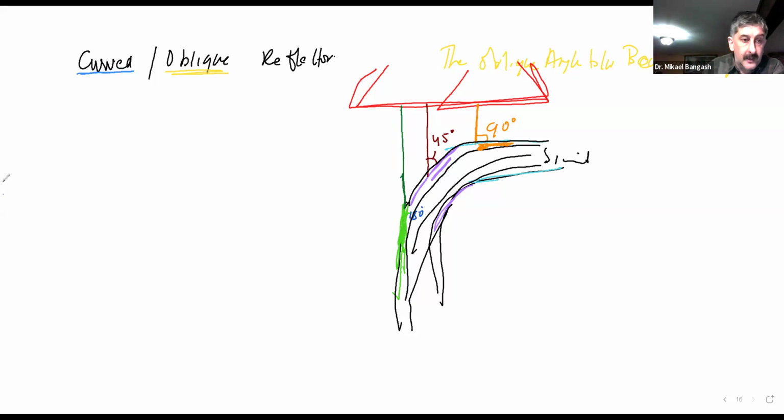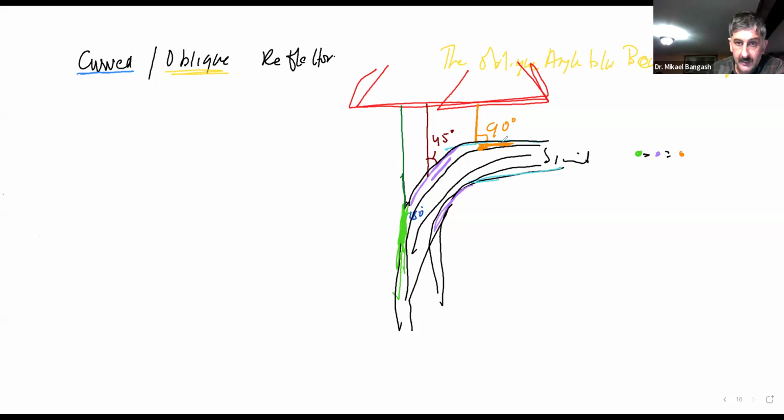So the brightness of this part should have been equal to the brightness of the reflection here, which should have been the same as what we will have here. They should have appeared of the same brightness. But that is not the case.